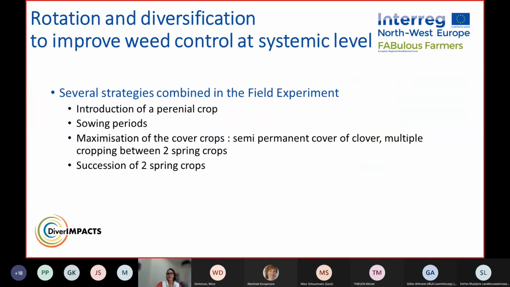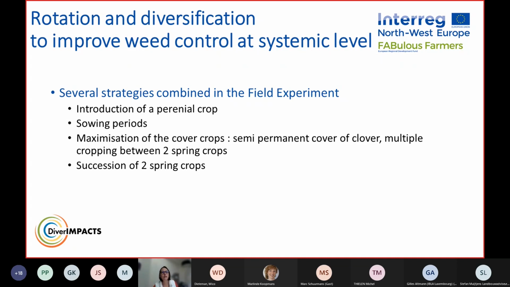In this field experiment, our main issue is to improve weed control with such a reduction of pesticide use. So we are combining different strategies at the rotation level, but not only at this level.